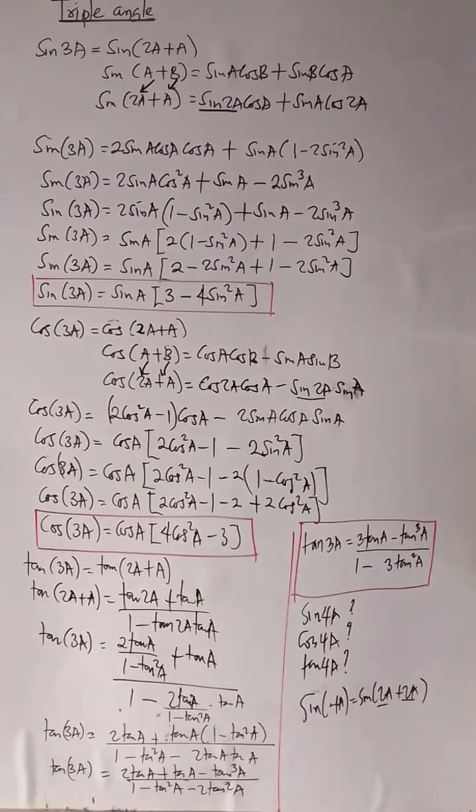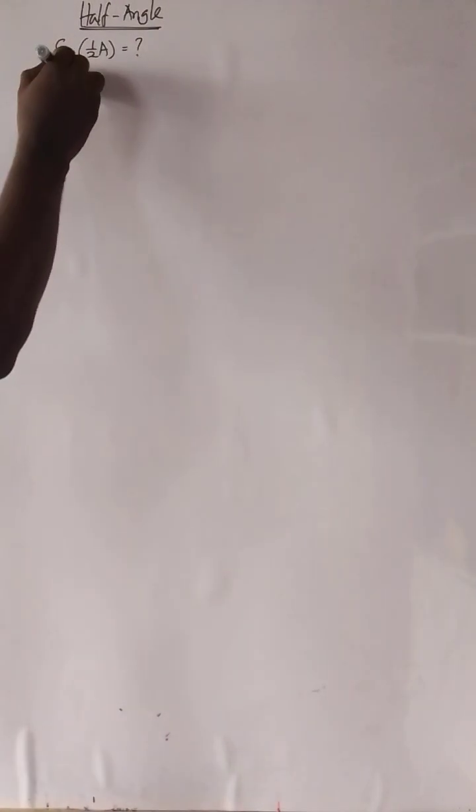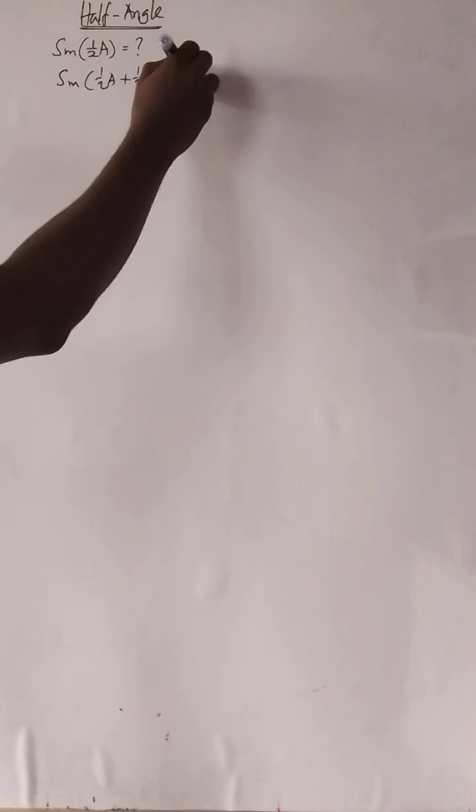Now let's move to half angle. For example, we are told to find sine half of A, or A over 2. How do you go about this? So you have to note that half of A plus half of A is sine A. How?